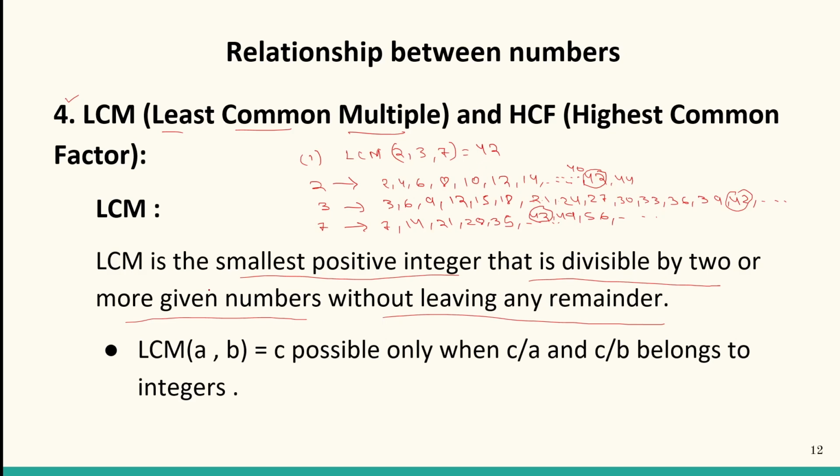LCM of A and B is equal to C is possible only when C is divisible by A and B, that is, A divides C and B divides C, where C must be a non-zero and non-decimal quantity, that is, a complete integer.